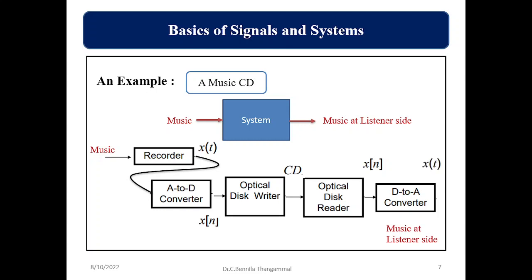Now my digital signal has been converted into the analog signal x of t. Then I give this as input to the stereo, so I listen to the music at the listener side. This is a simple example of a system: the music CD.